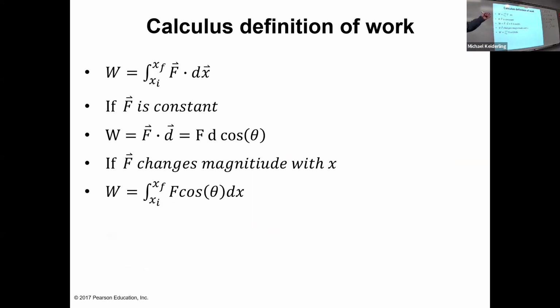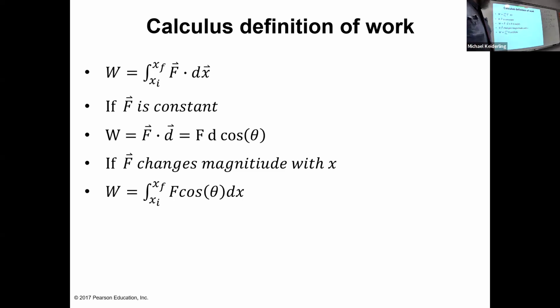So the calculus definition of work is the integral of F dot dx. If F is constant, you just get F dot d, which is force times distance times the cosine of the angle. If force changes in magnitude with x, work is the integral from xi to xf of force times cosine theta times dx.